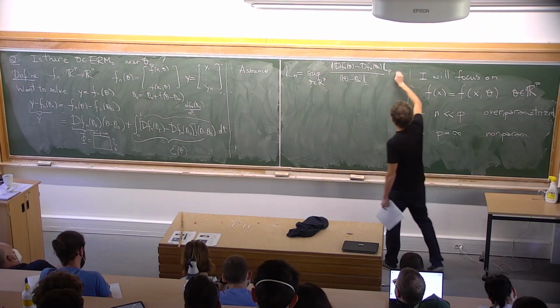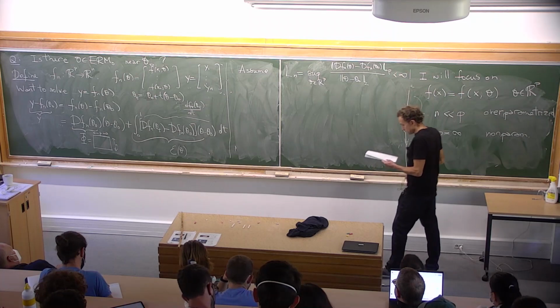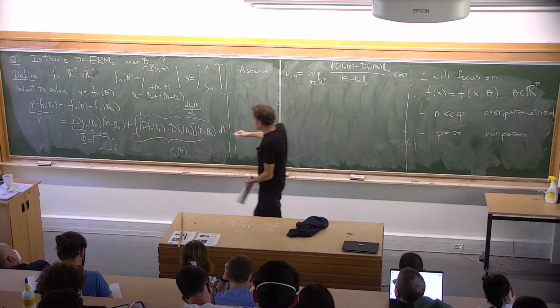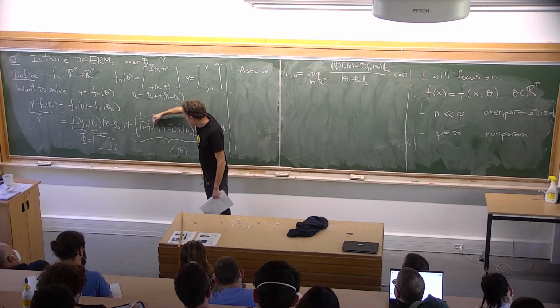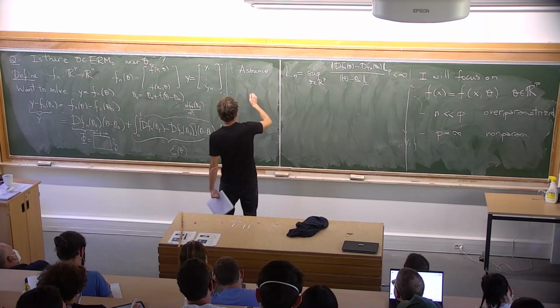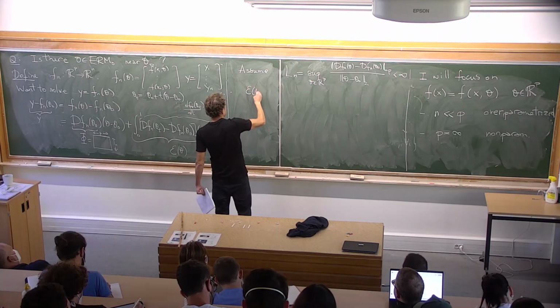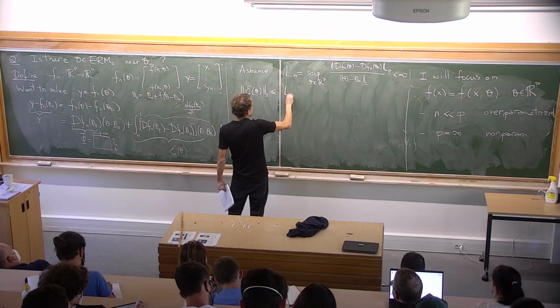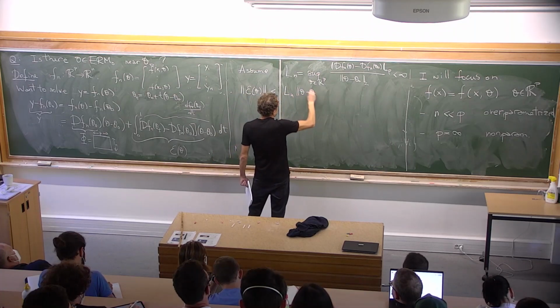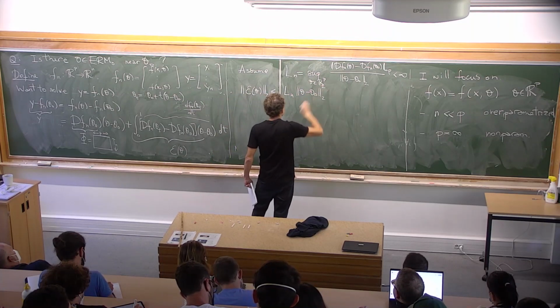And let's say that this is finite. If this is true, then this is kind of a bound on the second derivative. So under that assumption, the norm of E of theta is less than L_n times the norm of theta minus theta 0 squared.